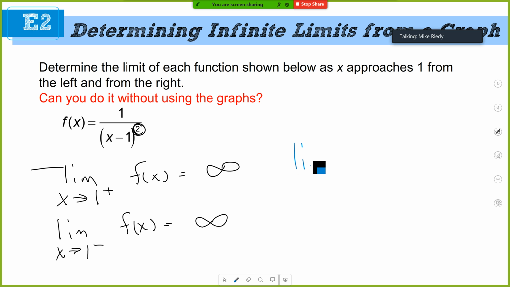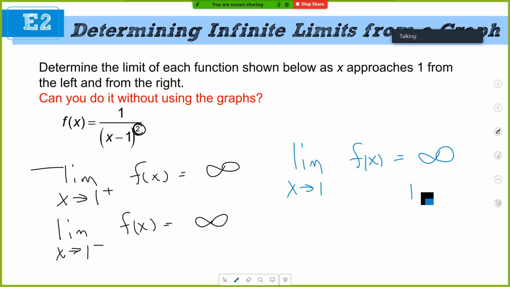What is the following? Wouldn't it just be infinity? Excellent. However, there is another acceptable answer.